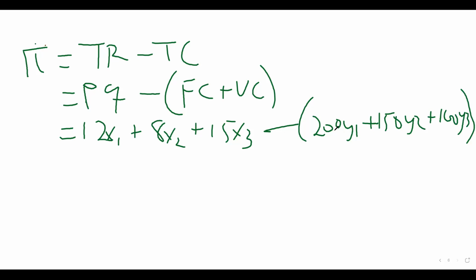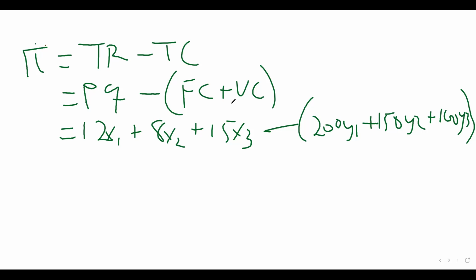But this 200 is only going to be incurred if Y1 is 1. The 150 will be incurred if Y2 is 1. So the binary being multiplied by this only means 0 or 1, if the Y is 1 or 0. And so it becomes the fixed cost. And this is what must be captured in our fixed charge here.